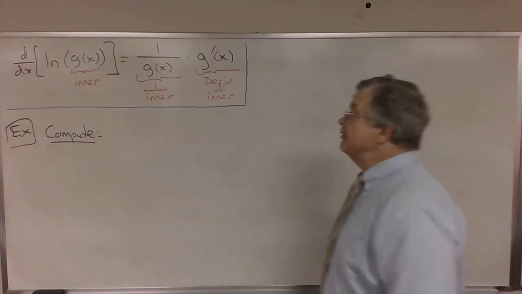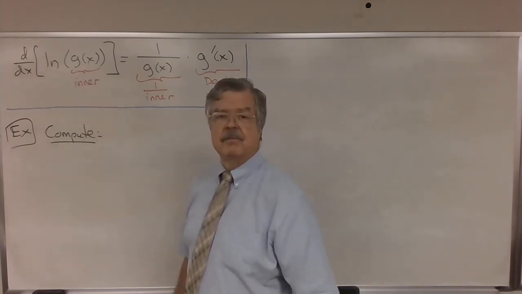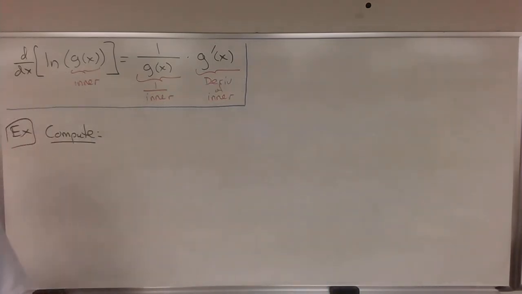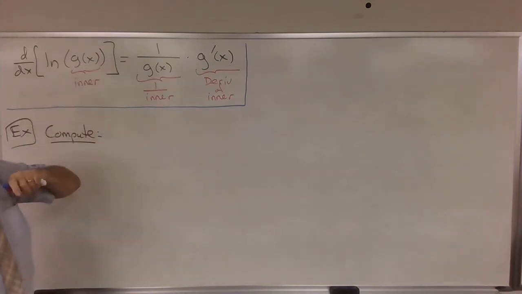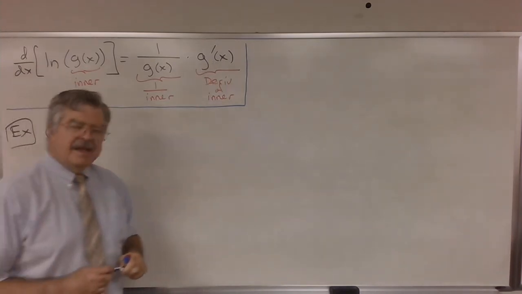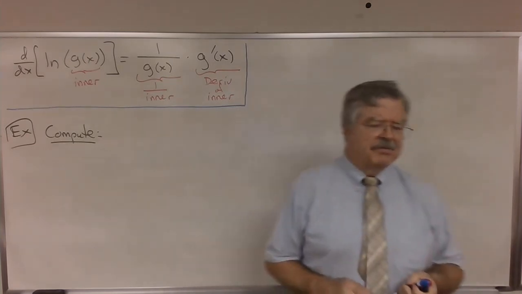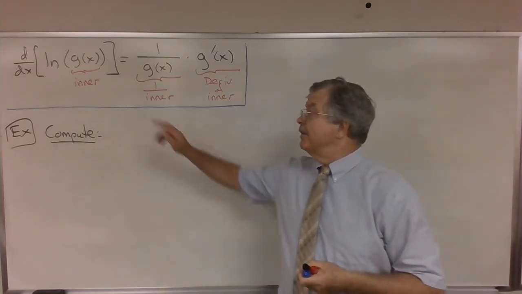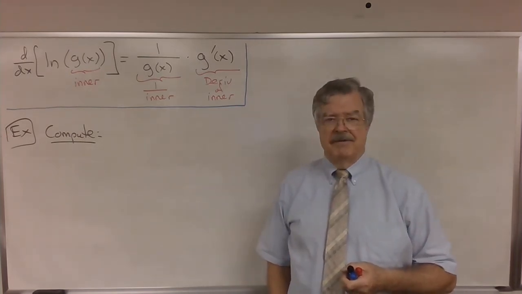Here is the derivative of the natural logarithm evaluated at a function, rewritten. The derivative of the natural logarithm of something is 1 over the inner function times the derivative of the inner function. And that's pretty much how we're going to think of it when we compute derivatives. We're going to compute the derivative of natural logarithms quite often.